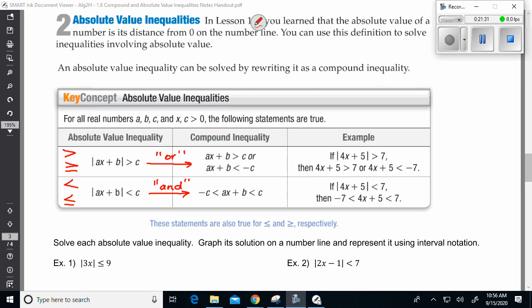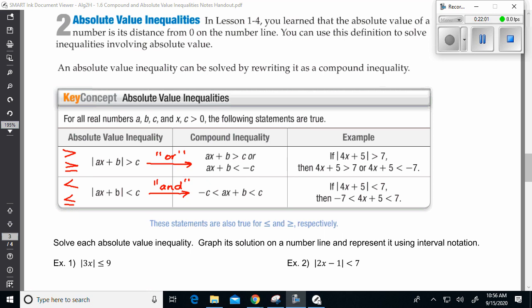So you first look at how it's represented, then convert it, and then you go about solving. So ors go with the greater than, ands go with the less than. And then once you rewrite it, you solve it in much the same way as we did the problems in the first half.